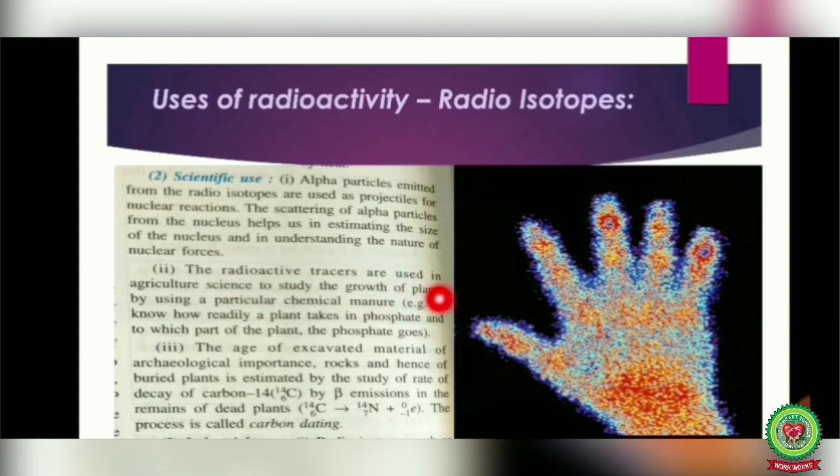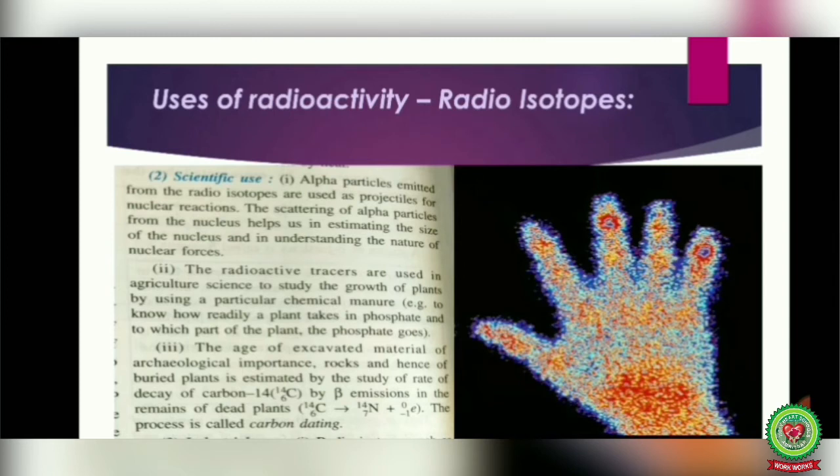Second, the radioactive tracers are used in agriculture science to study the growth of plants by using a particular chemical manure. For example, to know how readily a plant takes in phosphate. Phosphate is a chemical fertilizer. We can see to which part of the plant the phosphate goes, that is, the uptake of fertilizer from the roots to the leaves.